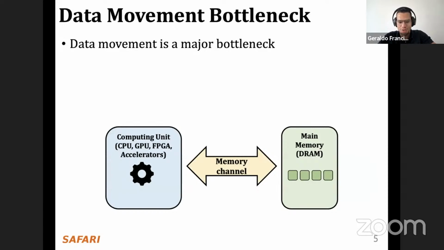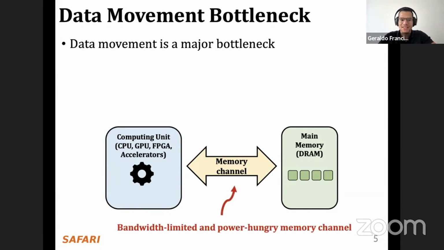As you should know at this point in the computer architecture class, data movement is a major bottleneck in today's systems, mostly because the compute engine, whatever you have, a CPU, GPU, FPGA, is usually connected to main memory through a bandwidth-limited, power-hungry memory channel. The whole problem here is the number of pins that you can integrate and how you design the interface between the compute units and the memory itself.